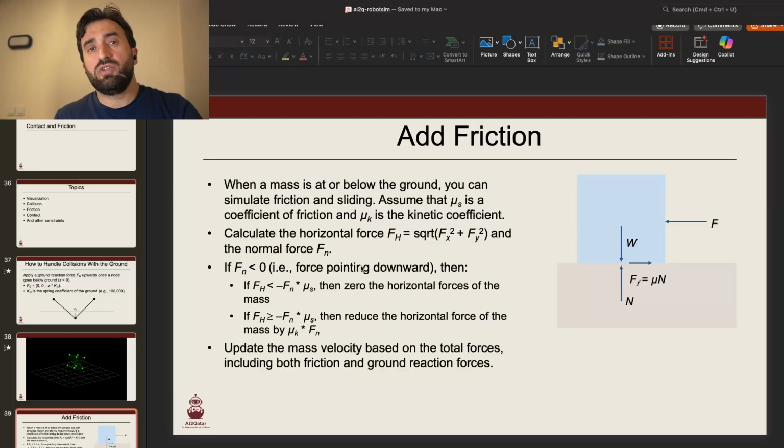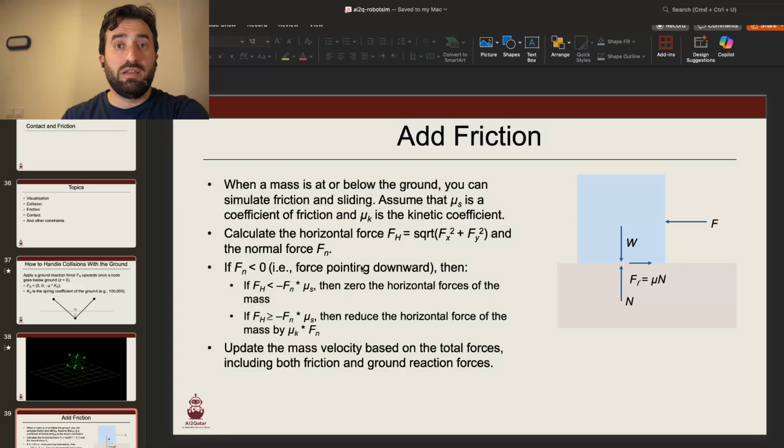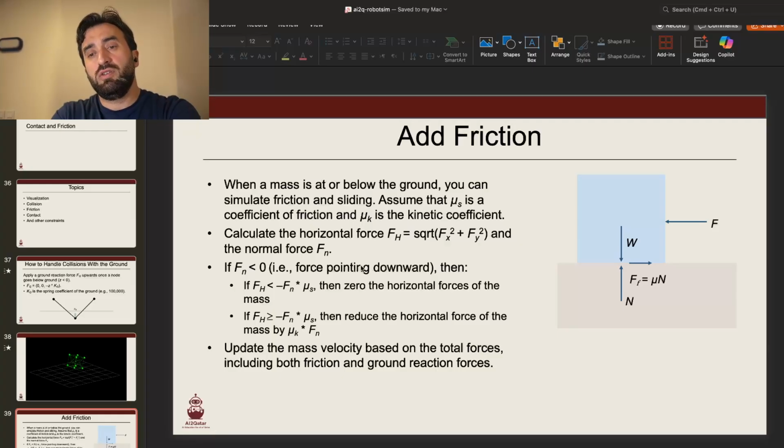Until the object has moved, we have this static friction, and when it starts moving, we have to subtract from the horizontal force the normal force on the object times the kinetic coefficient of friction, and that is the resulting force exerted on the object.